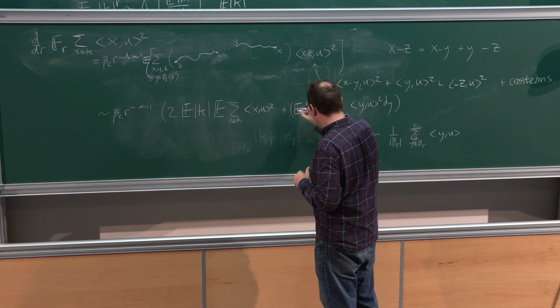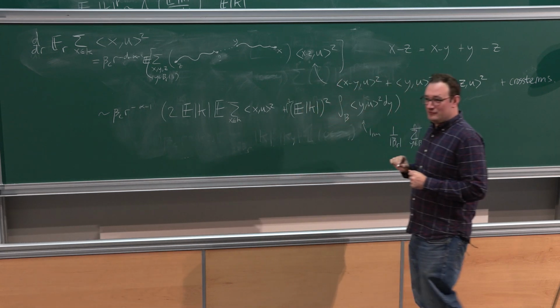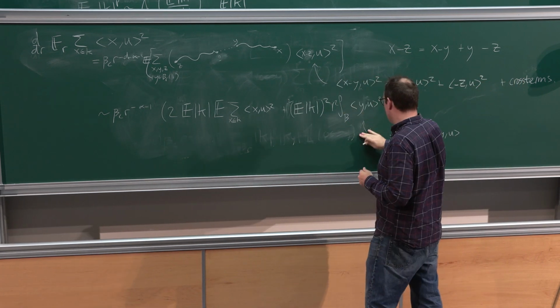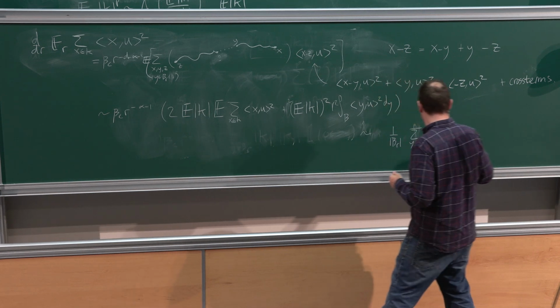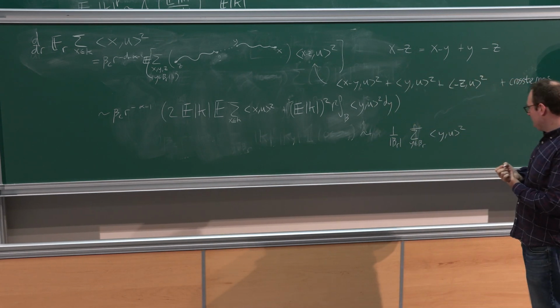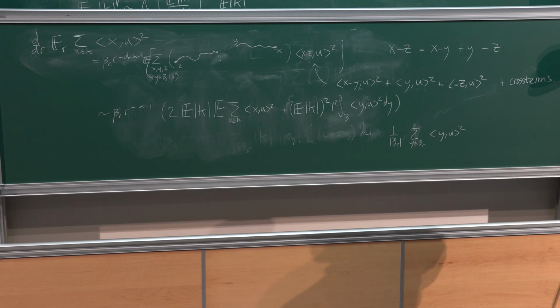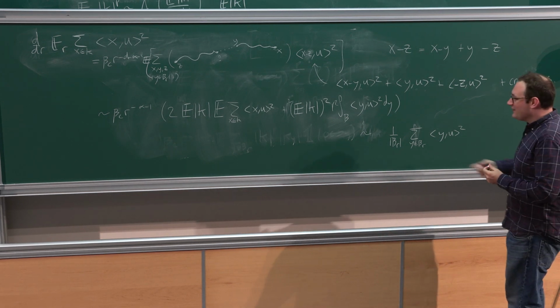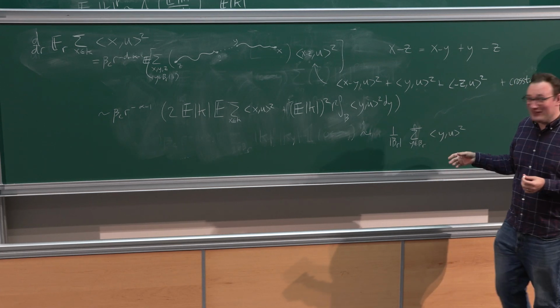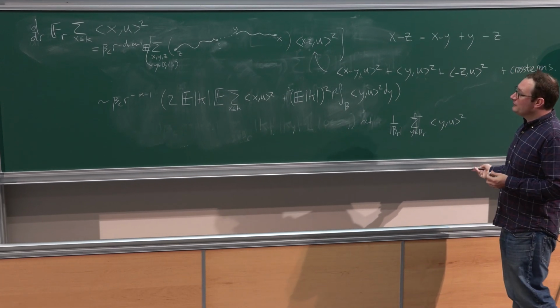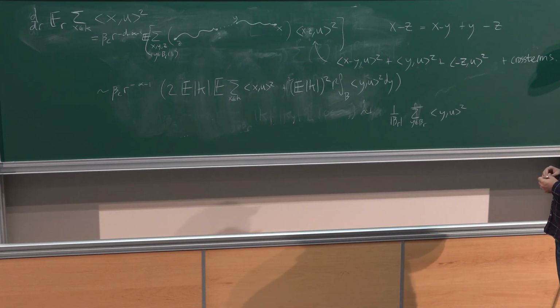This should be r squared. So r squared times this is asymptotic to this. Hopefully, if I did it correctly. Okay. Yeah, this is important. Obviously, I would get the wrong answer if I didn't have this r squared here.